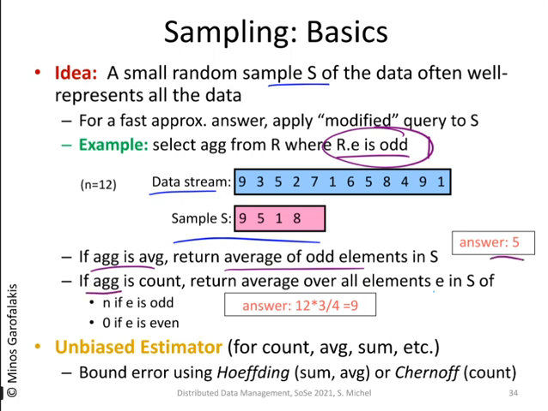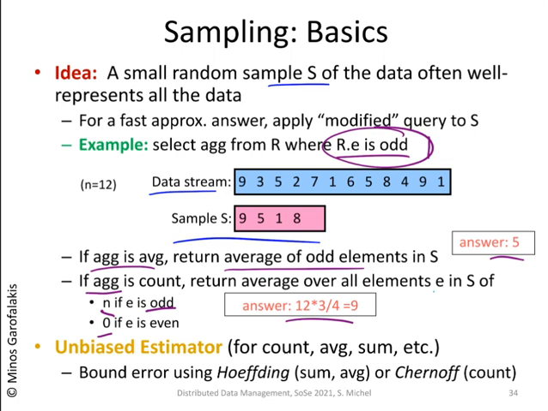So what happens if the aggregation is count? Then we return the average over all the elements E in S, and not the elements themselves, but the value n is considered if the entry E is odd, and 0 if it is even. And in this case, we get the answer 12 times 3 divided by 4, which is 9.